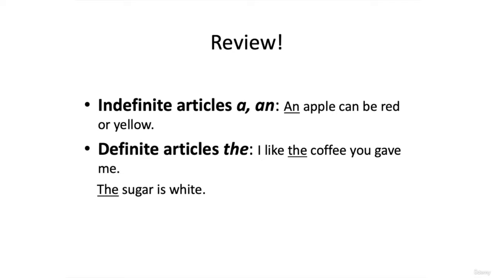We are talking about apples generally, not a specific one, and apple is singular. It has no S at the end. And it is countable. It is possible to count how many apples there are.